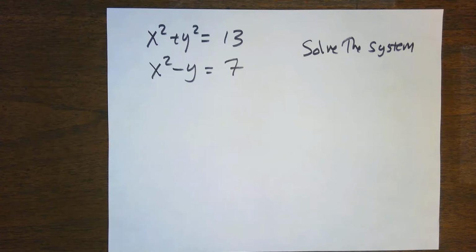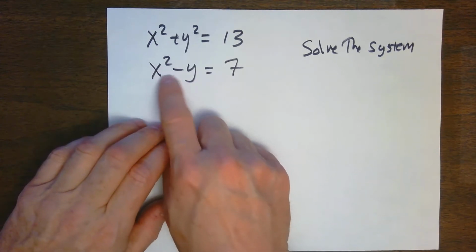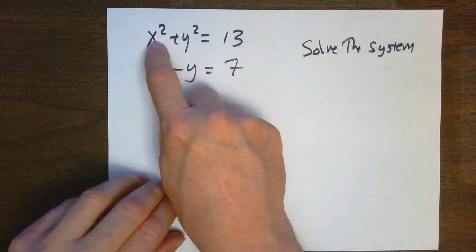Now, don't overthink it. Just look at it, and if I want to solve this one by substitution or elimination, well, I could solve this for x squared by adding the y, and then when I know what x squared is, I can plug it in there.